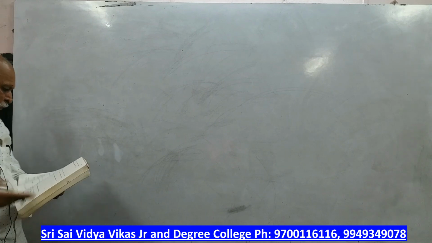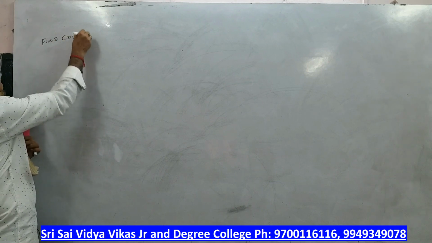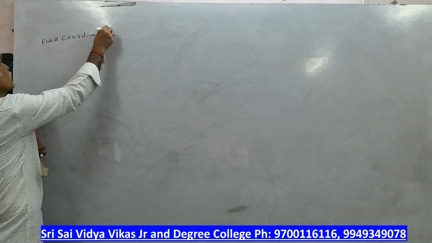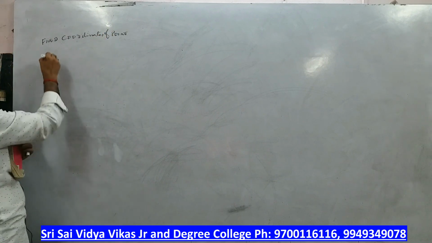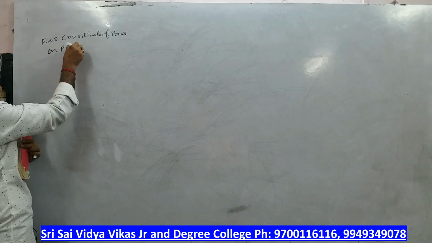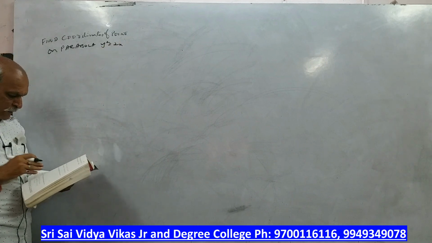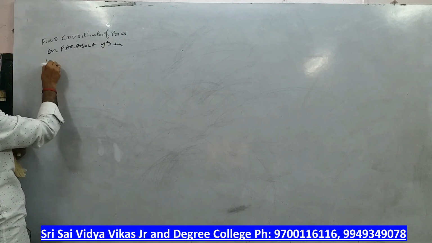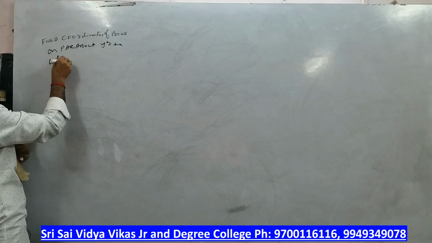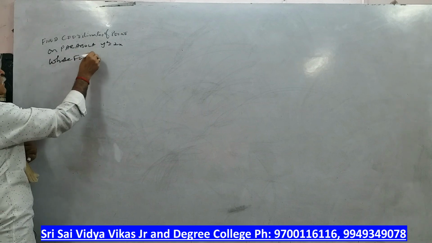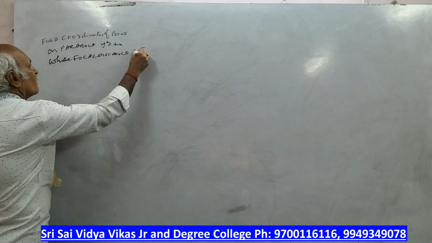Now, find the coordinates of the point on the parabola y square is equal to 2x, whose focal distance is 5 by 2.